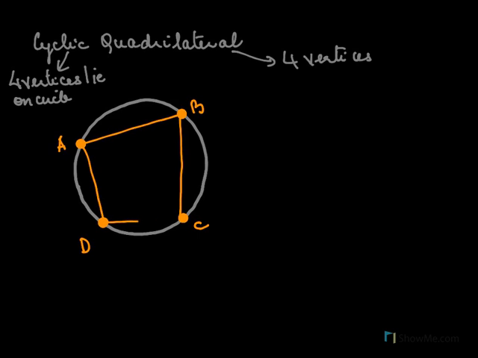Like every quadrilateral, it has got 4 angles, and there's a special property. This opposite angle A plus C is always 180. And you take the other side, D plus B will be 180. The opposite angles of a cyclic quadrilateral are always supplementary.